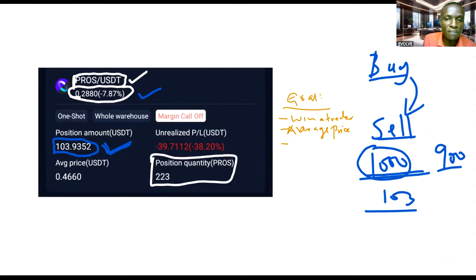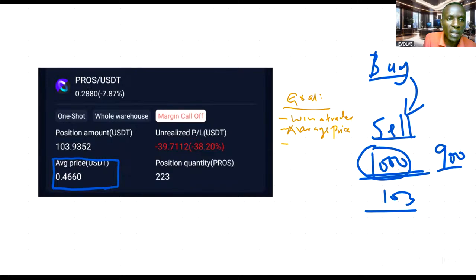So my main focus is here. This is why I've brought it back here. The average price. I want you to focus here so much. Let me first remove this. The average price.